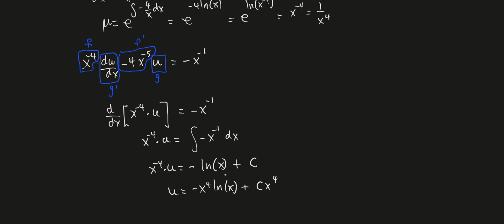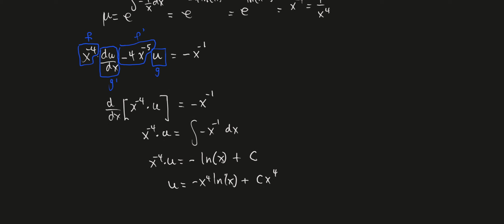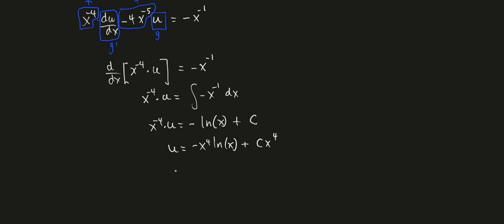All right, so this is our general solution, but this is the general solution for u. But remember, u is equal to y to the -1. Let me do a couple things here. I'm just going to write this as x to the 4th, and put the positive term first, so that's c, and then a minus ln of x.